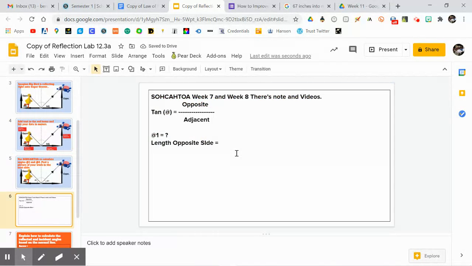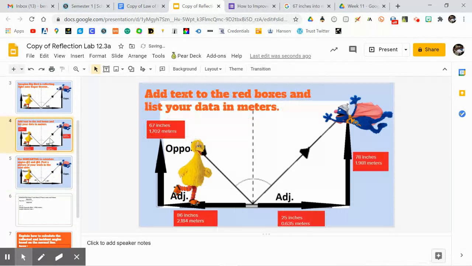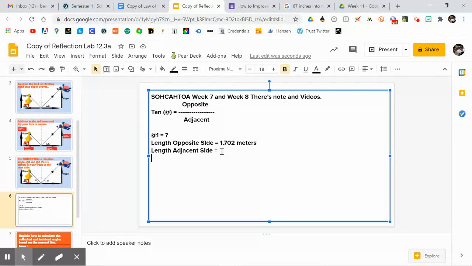Okay, 1.702 meters. And the length of the adjacent side is equal to 2.184 meters.